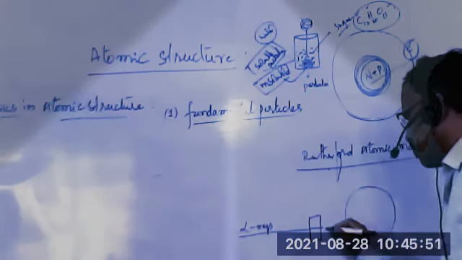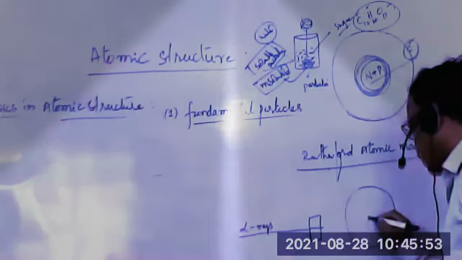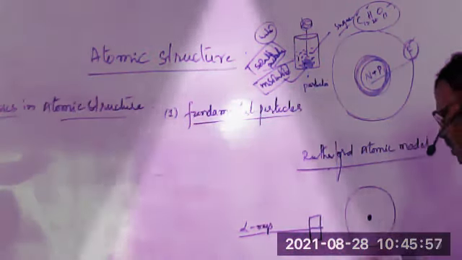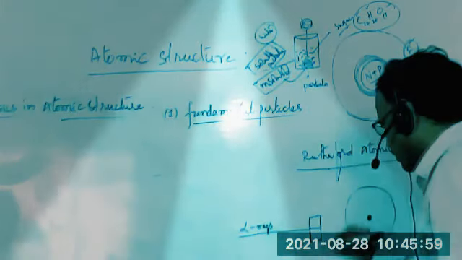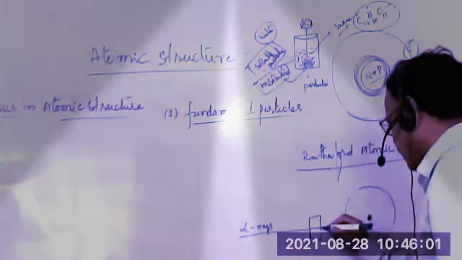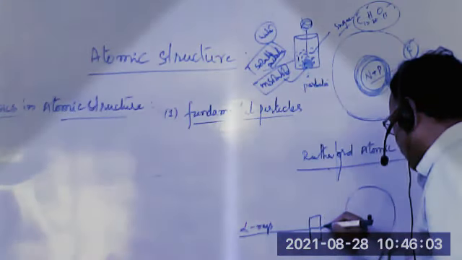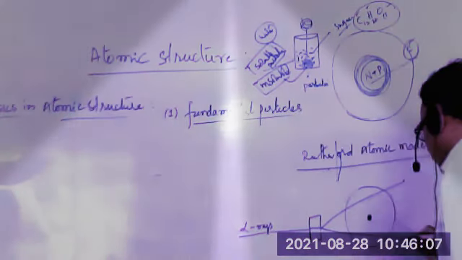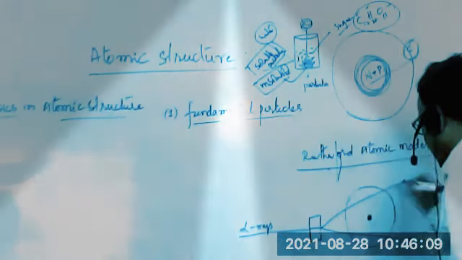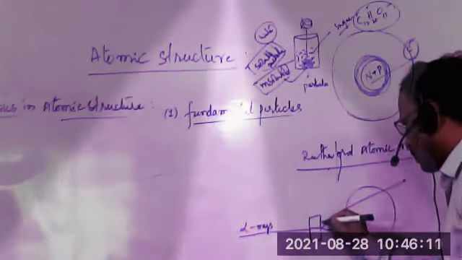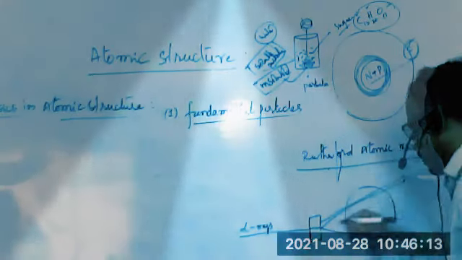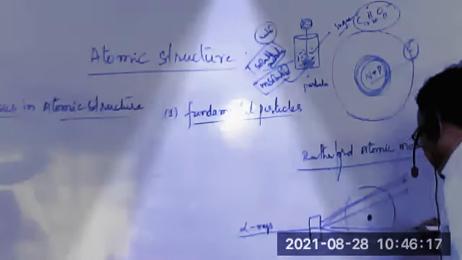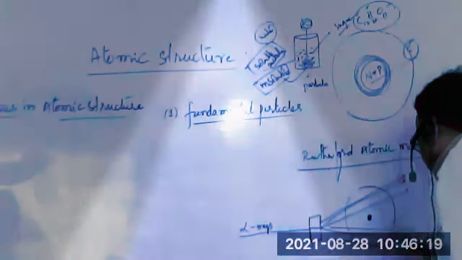What happened? You see here, this is the nucleus. Some rays pass through the atom like this, and like this, and like this.